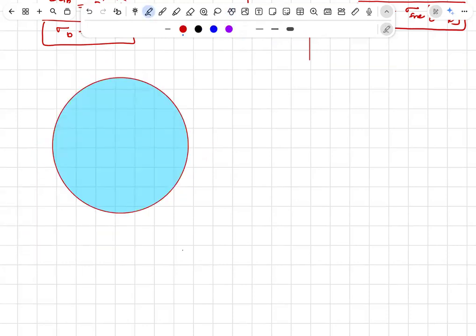You can consider that this is a ball made of isotropic dielectric with dielectric constant K. You just have a point charge Q.